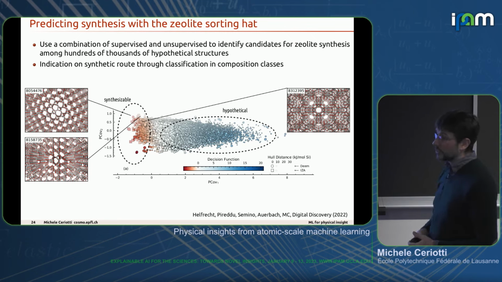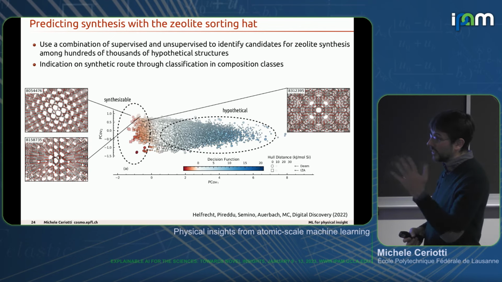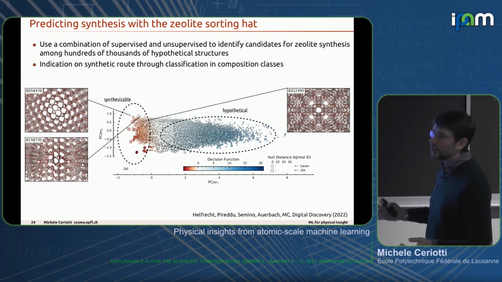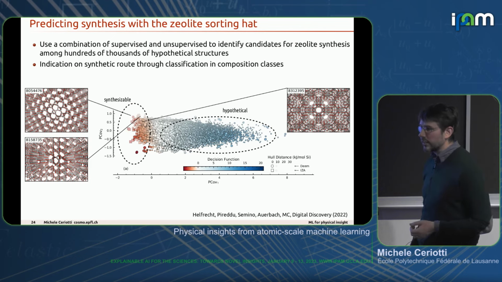We try to build a classifier that can classify the known synthesized frameworks and the non-synthesized frameworks, and the hypothetical frameworks that we misclassify as synthesizable are those that have the highest potential of being synthesized.